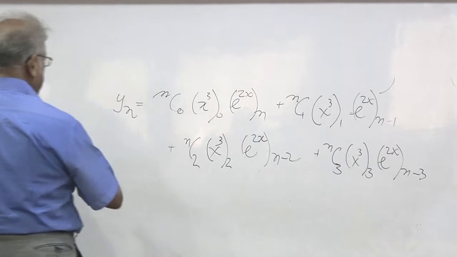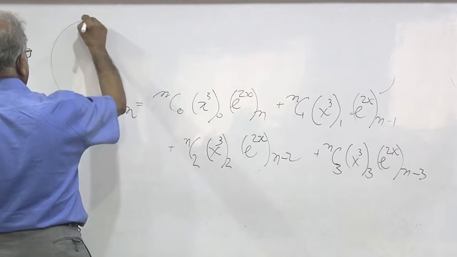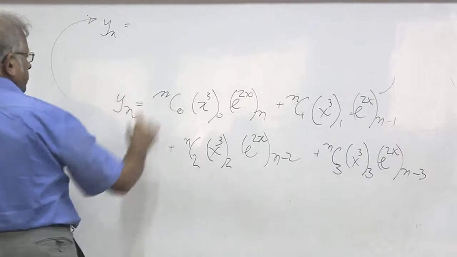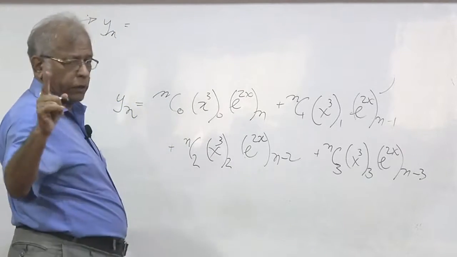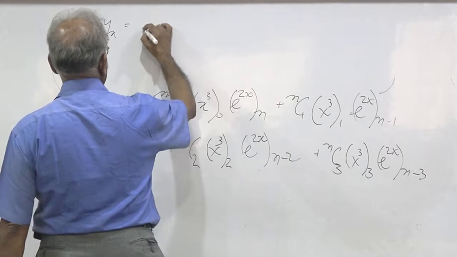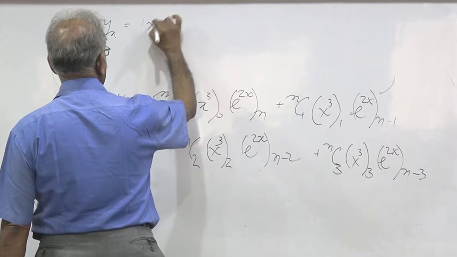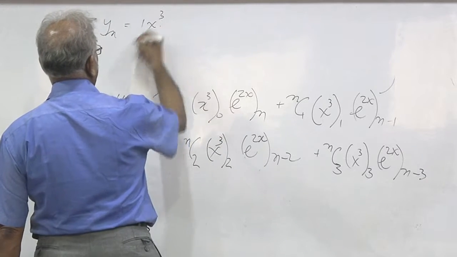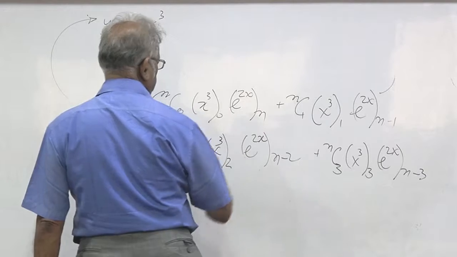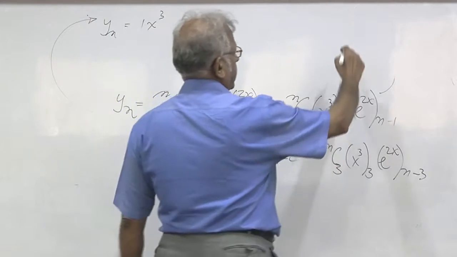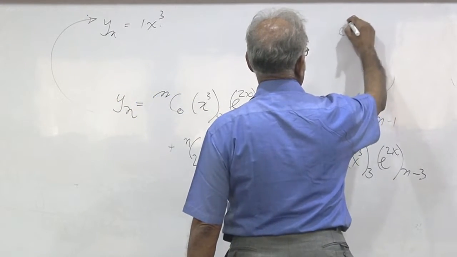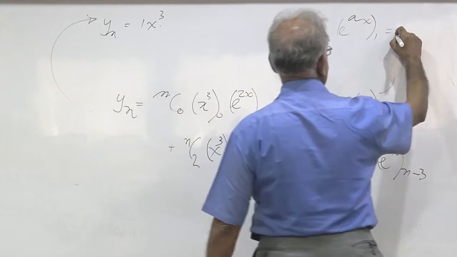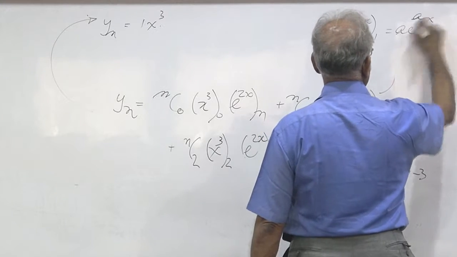So, this is actually equal to, we take it on top, y sub n is equal to nC0, which is 1. So 1 times x cubed, undifferentiated, e to the power of 2x. Now, let us see, if we put e to the power of ax, the first derivative is a e to the power of ax.